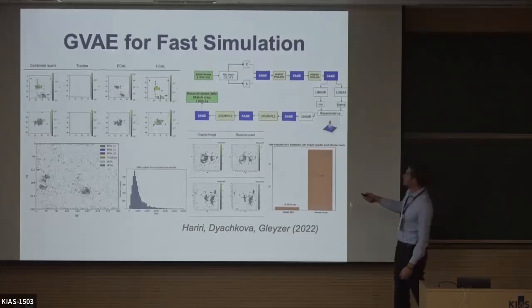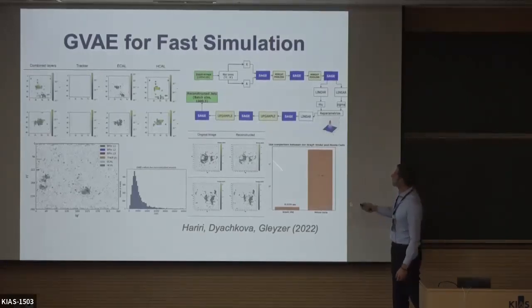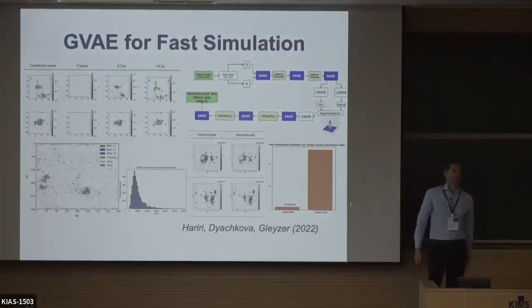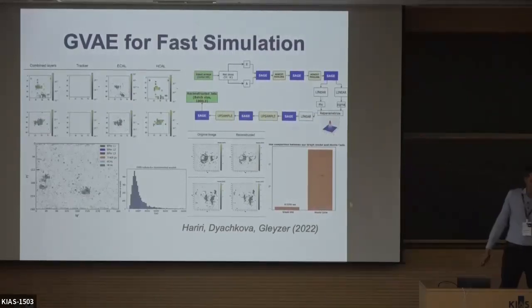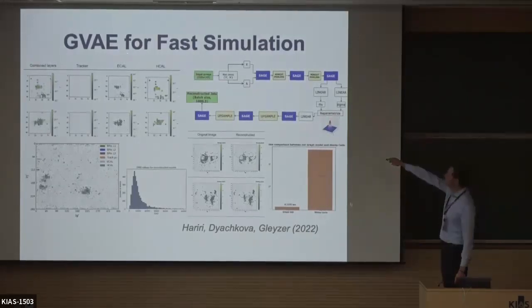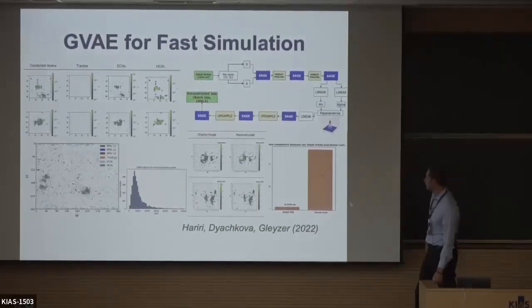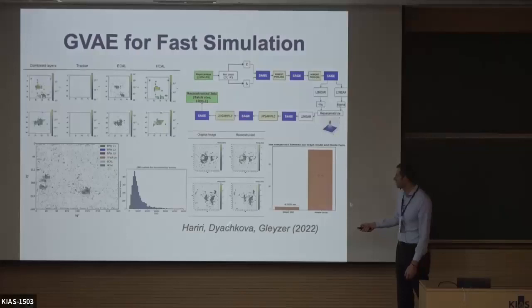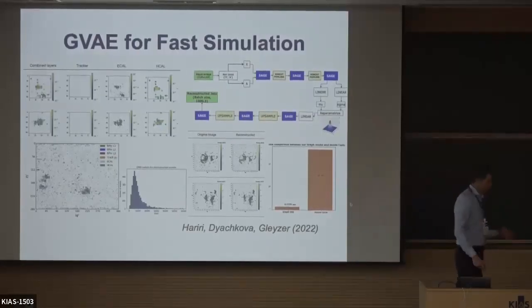Actually, in particle physics, I'll just briefly flash this classical idea for a generative model. Ramon has talked about different generative models, GANs, and normalizing flows, and variational autoencoders. This is a combination. This is work of one of my former graduate students and undergraduate students, where we basically combined graphs as a representation of the data.